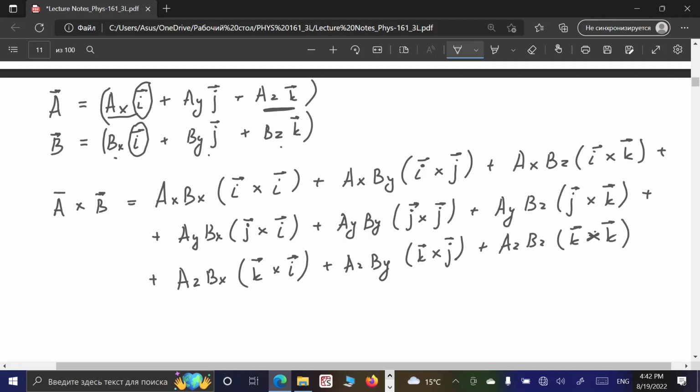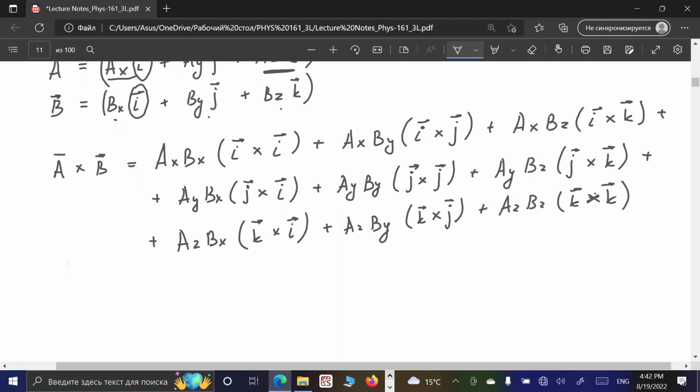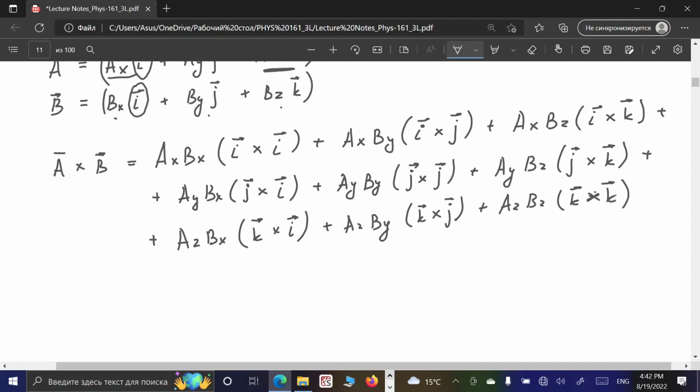So quite bulky, but we can make some order here. So first of all, we pay attention to these guys. We can cancel out these terms because they are equal to 0.